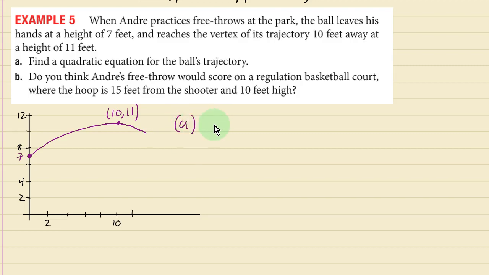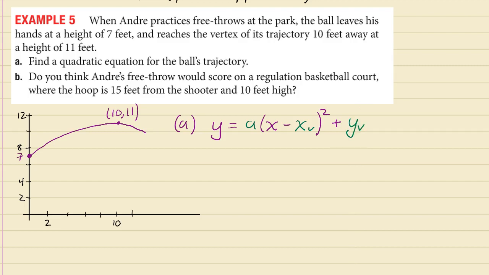Okay, so if we want to find a quadratic equation for the ball's trajectory for part A, we're going to use the vertex form, which says if it's written in the form y equals a number a times x minus the x-coordinate of the vertex, xv, and that is squared, plus the yv.